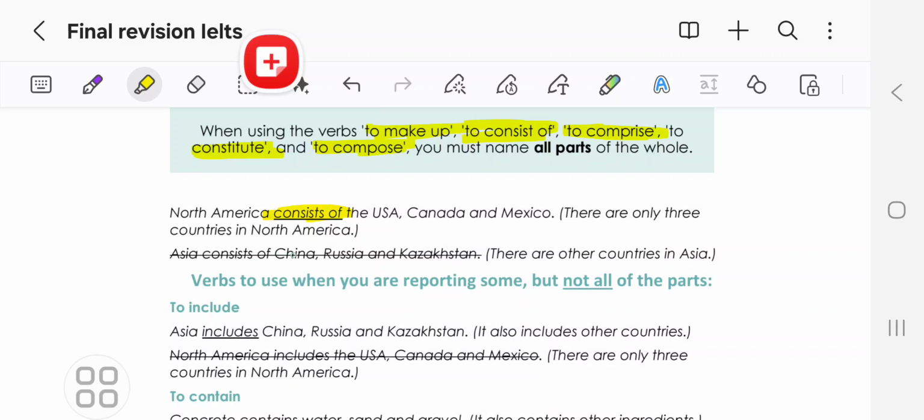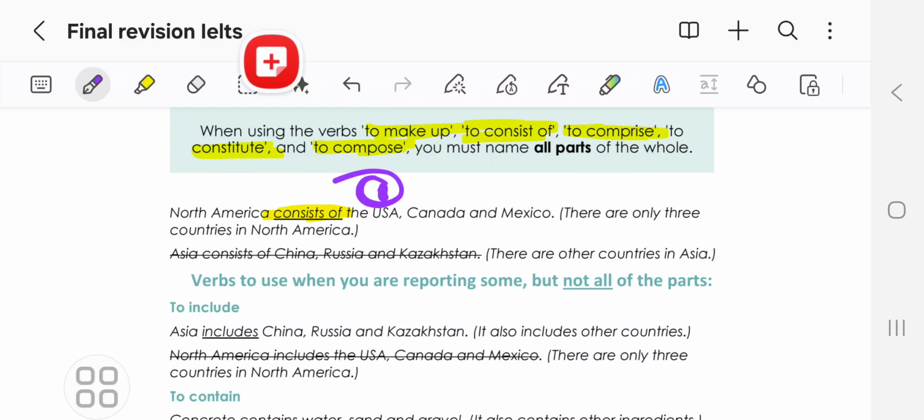There are only 3 countries in North America. You can't say Asia consists of China, Russia, Kazakhstan, because there are other countries in Asia. So these verbs are used when you are reporting all parts, not just some. Remember, North America consists of means only 3 countries are there.